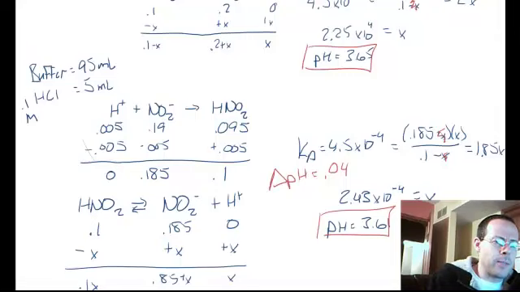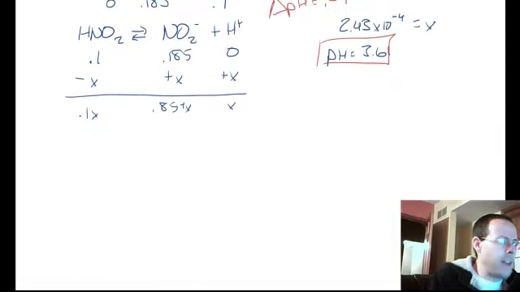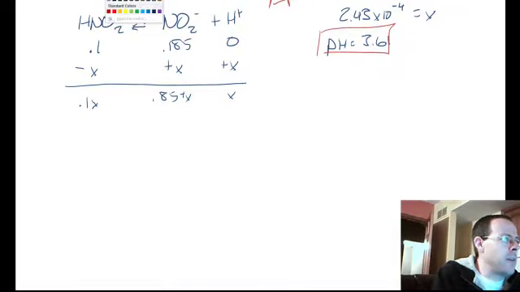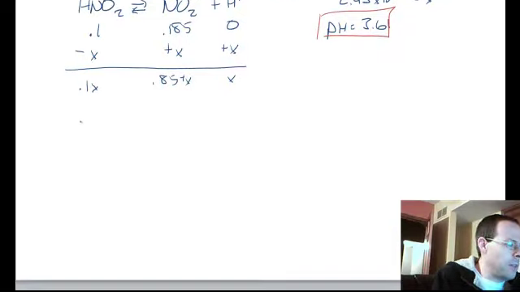The last couple things, there's no more calculations. We just have to add a couple things to how we make buffers, and then we'll be done. So I think letter B is going to be preparing buffer solutions.